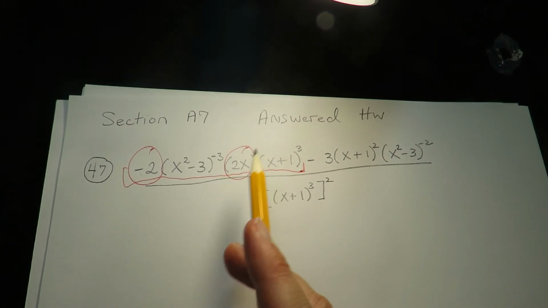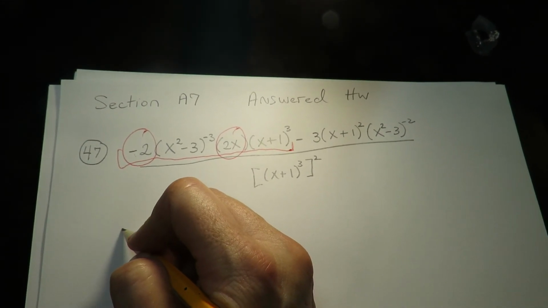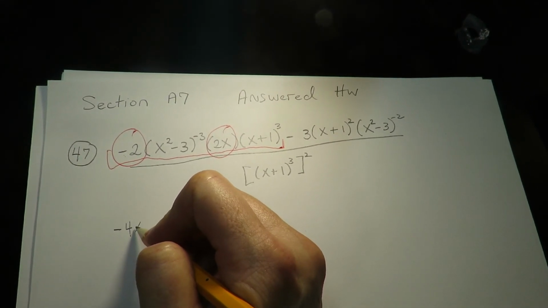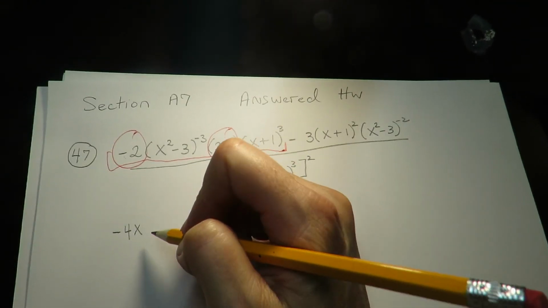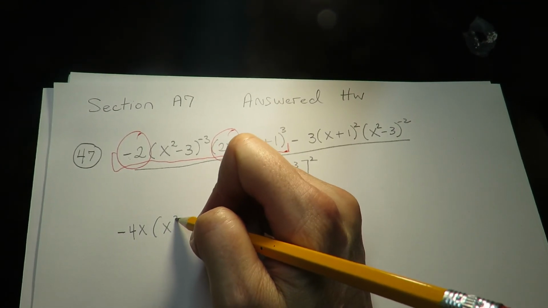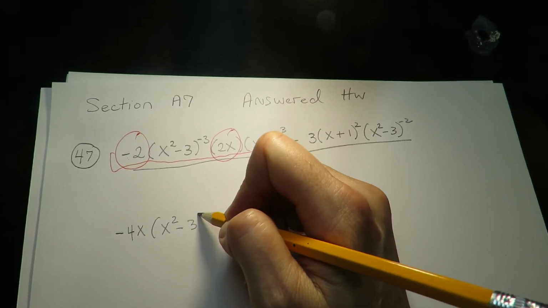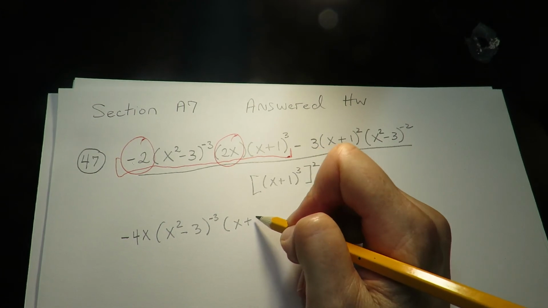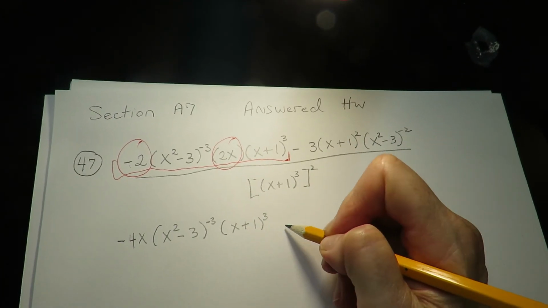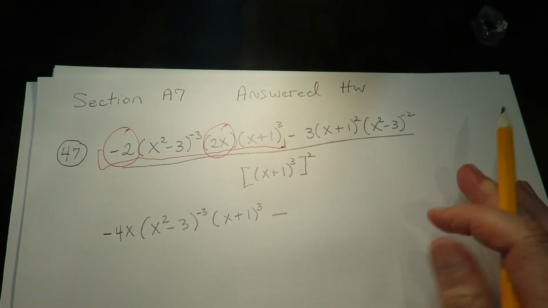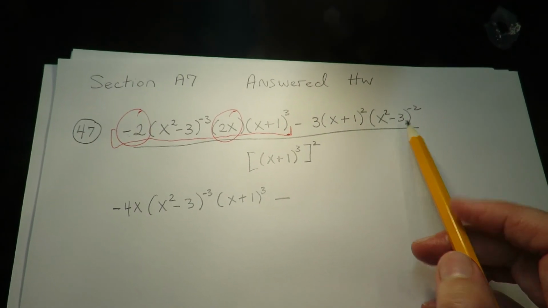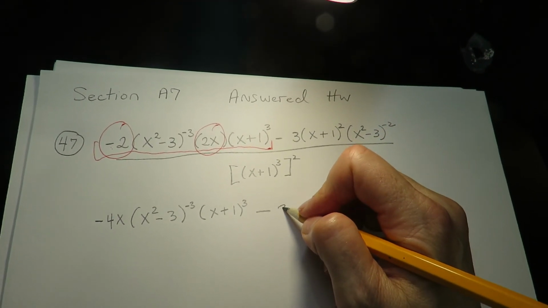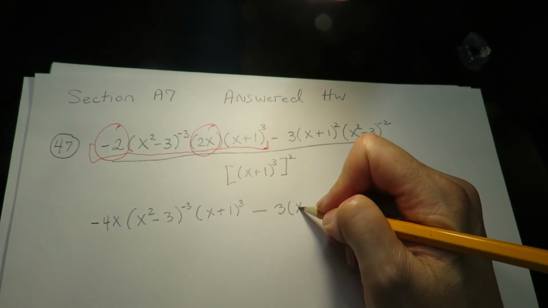Alright, so -2 times -2x is -4x. Alright, and as I look on the back side here, there's nothing I can squish together, so I'm just going to leave that as is.